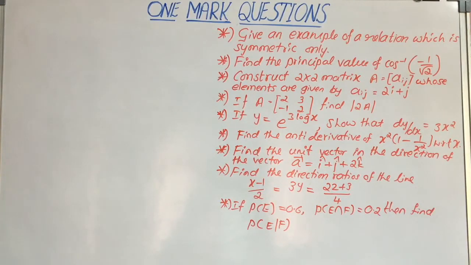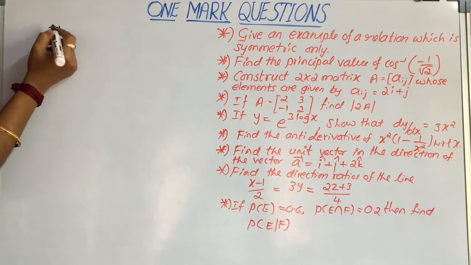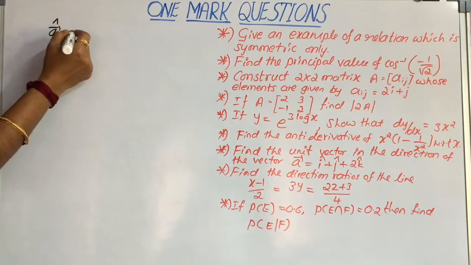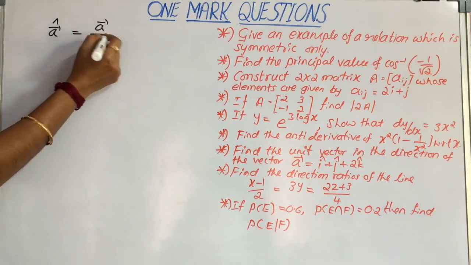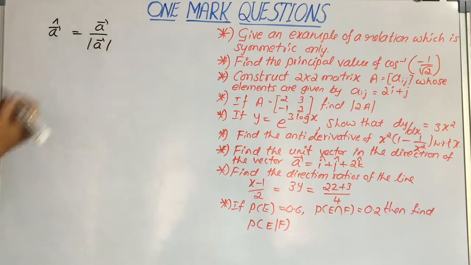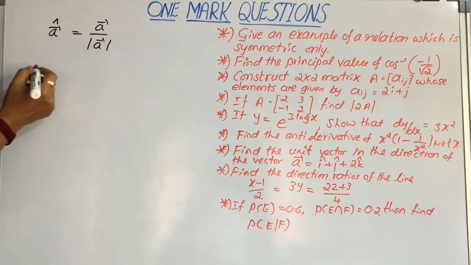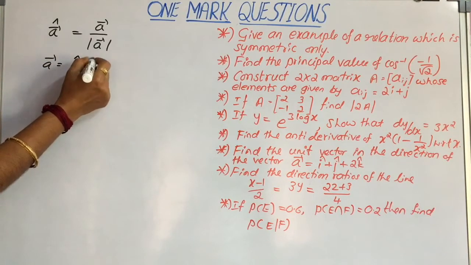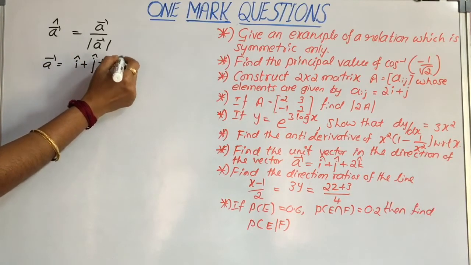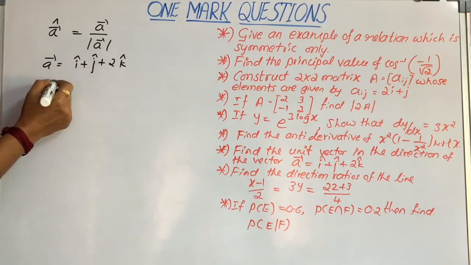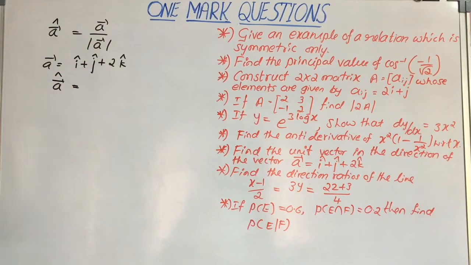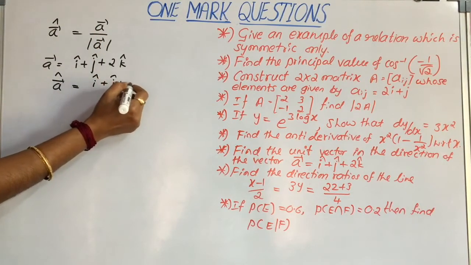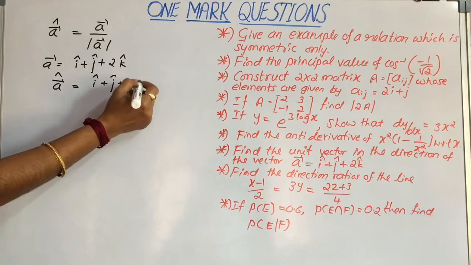We know that the unit vector of any vector A is denoted by vector A cap, and is vector A divided by the magnitude of vector A. So, now it is given that vector A is equal to i cap plus j cap plus 2k cap.